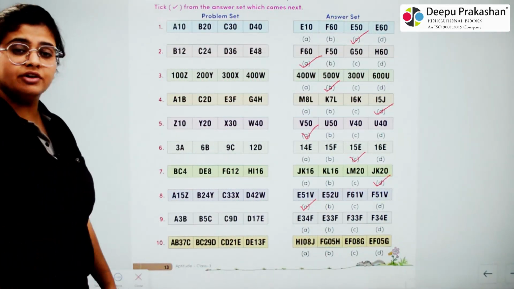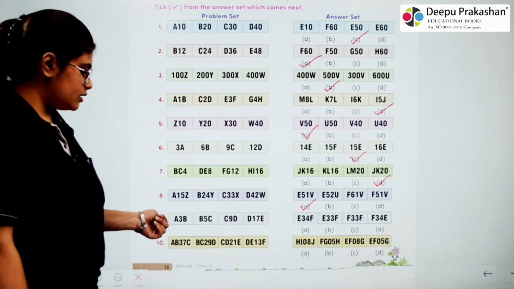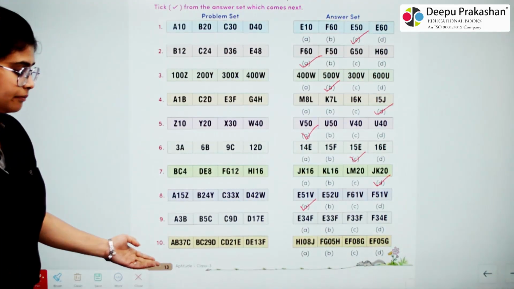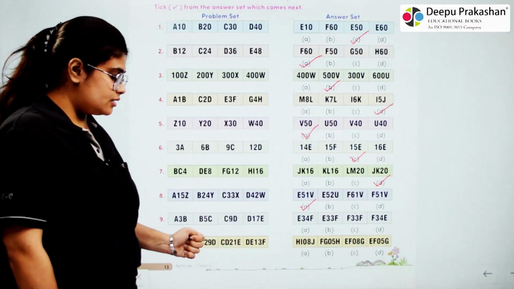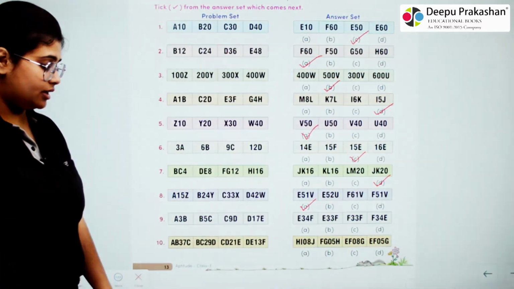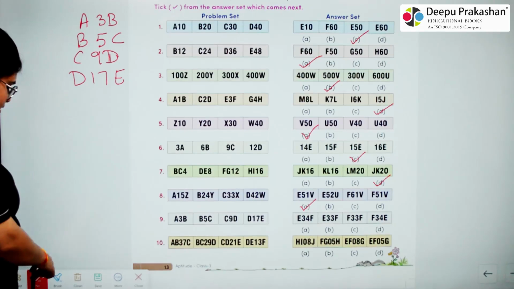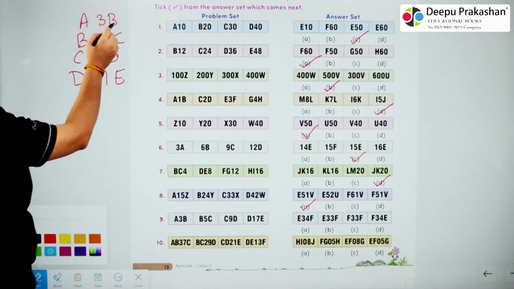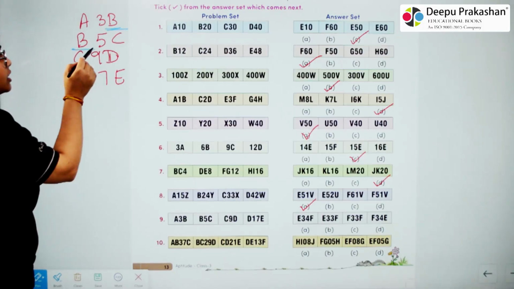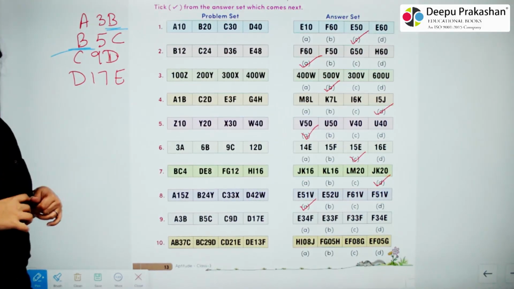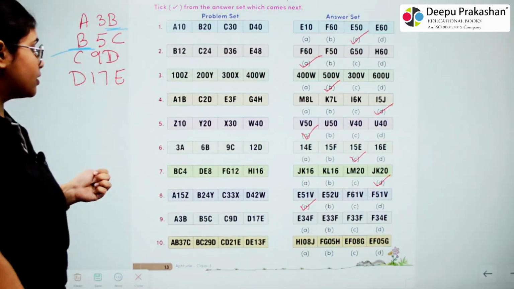9th, we are given A3B, B5C, C9D, D17E. So here we can simply say that the second term of the first pair is the same as the first term of the second pair.